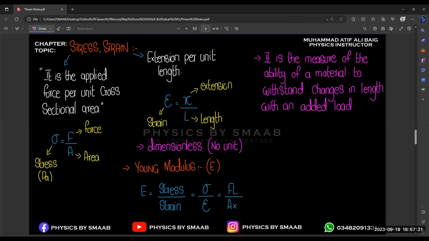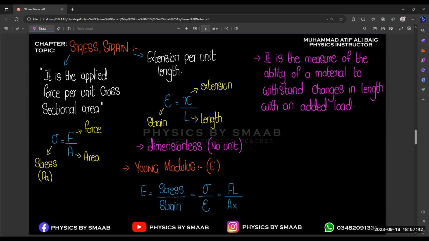Added load means how stiff a material is, right? So Young modulus gives you the concept of how stiff the material we are using is. We compare the values of stress and strain, and that gives you the concept of Young modulus, right?